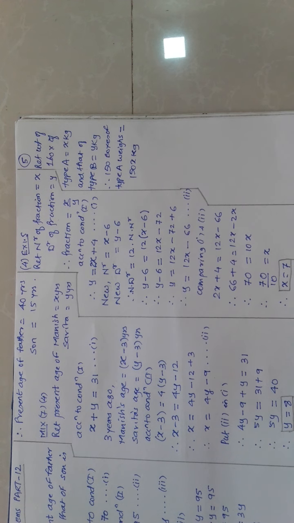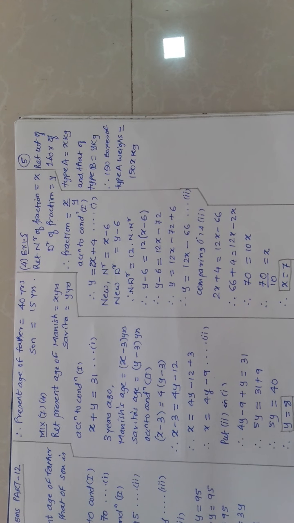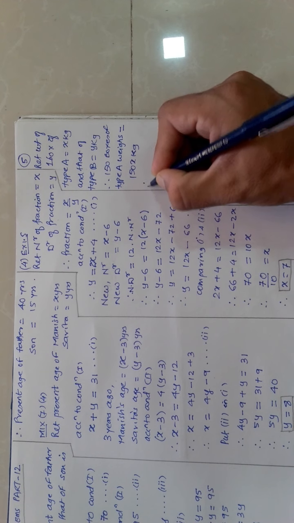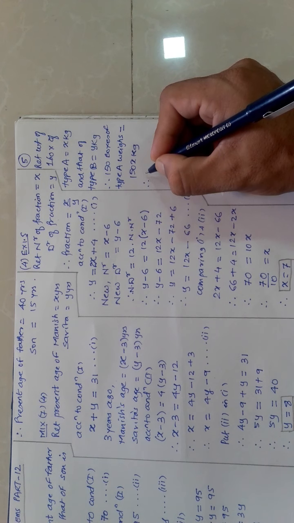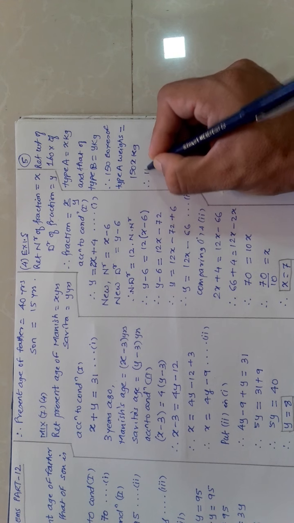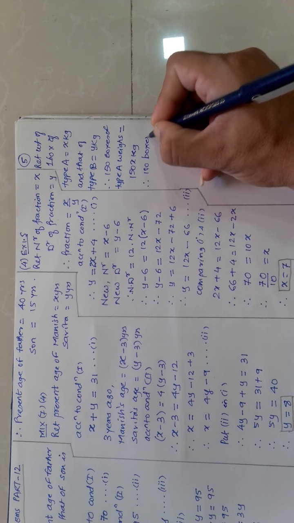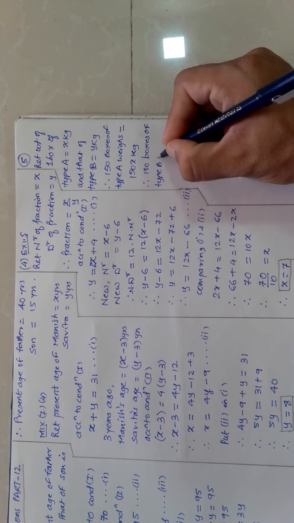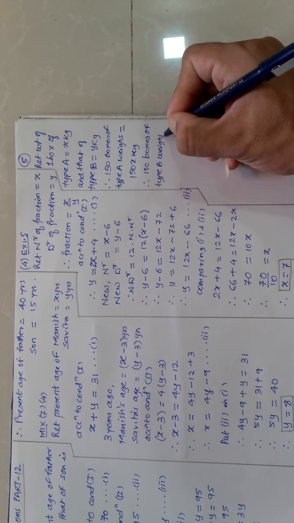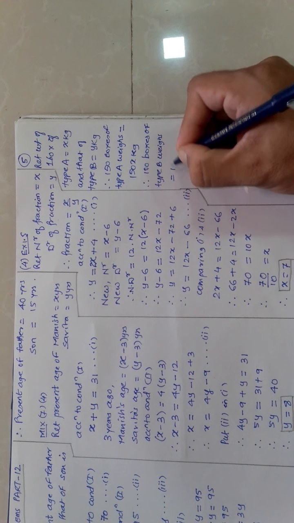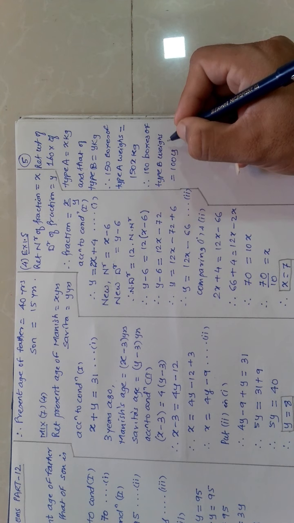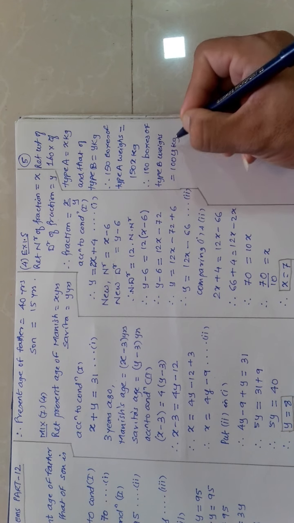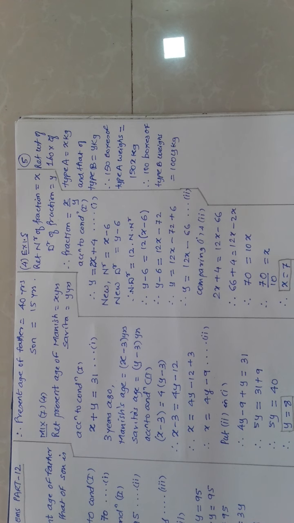If 150 boxes of type A are there and 100 boxes of type B are there, the total weight is 10 tons. So obviously 100 boxes of type B weigh 100y kg, because the weight of type B we have taken as y per box.